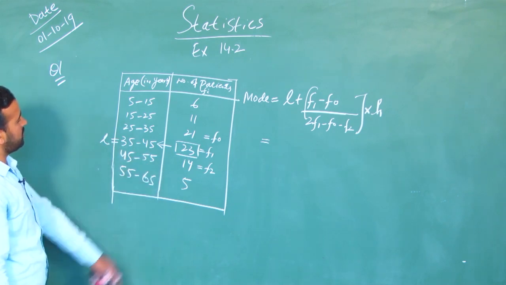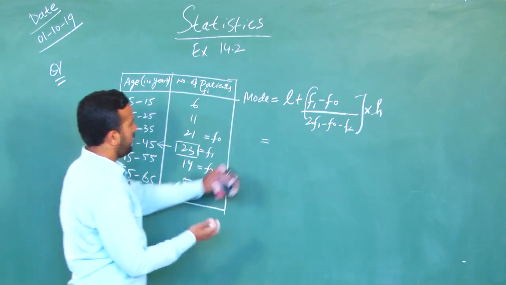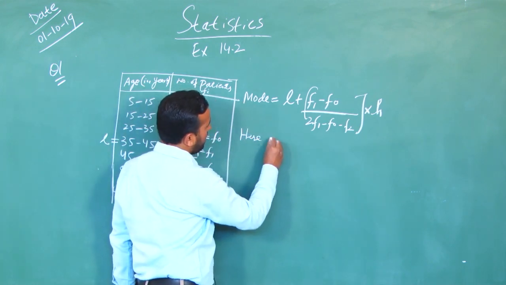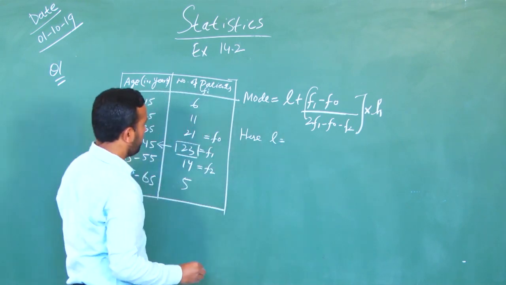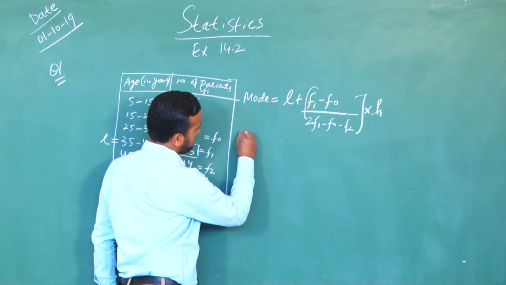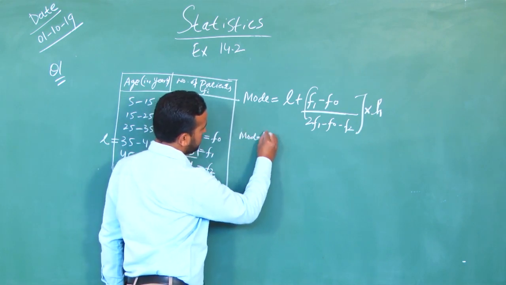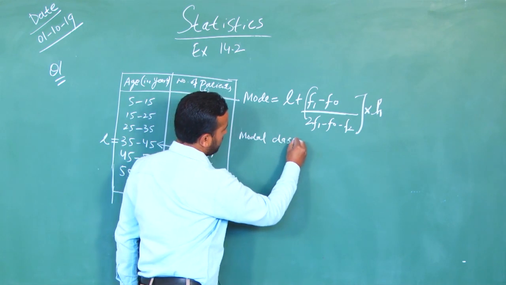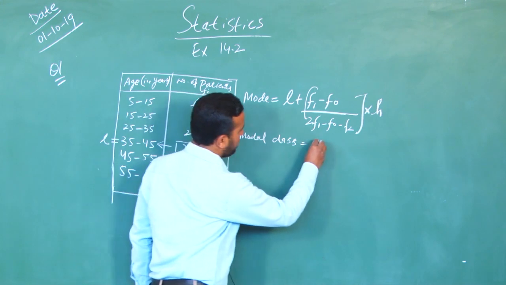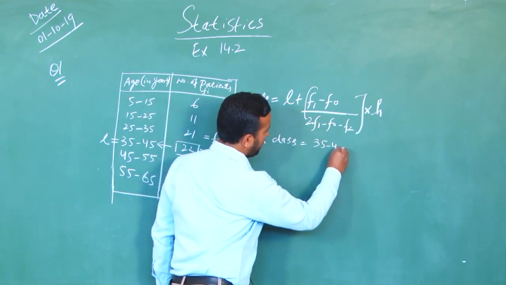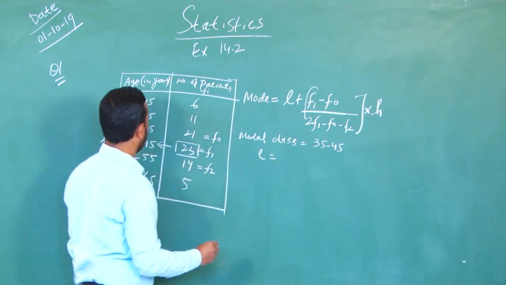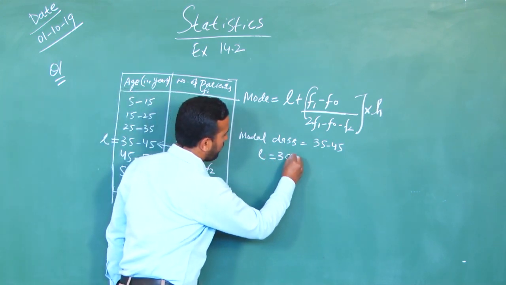Now we can use these values separately in the formula. It is better to first write the modal class. The modal class we have seen from the table is 35 to 45. L, the lower limit of the modal class, is equal to 35.